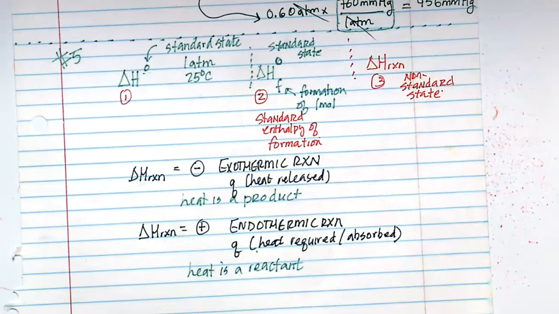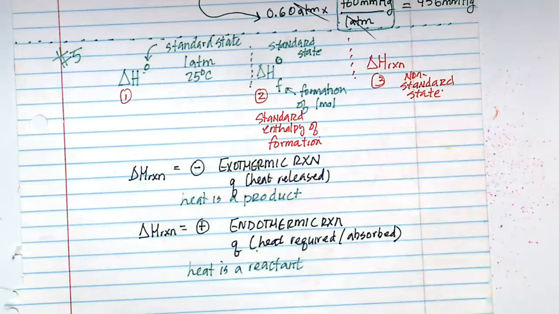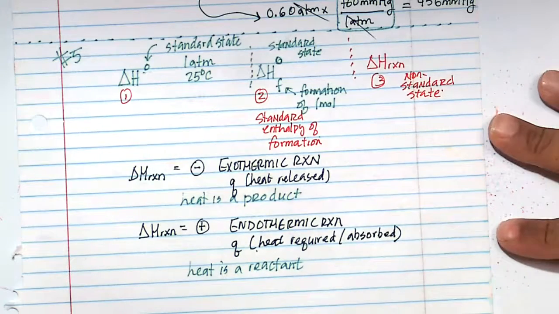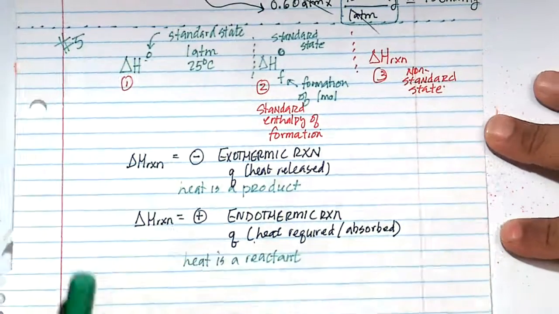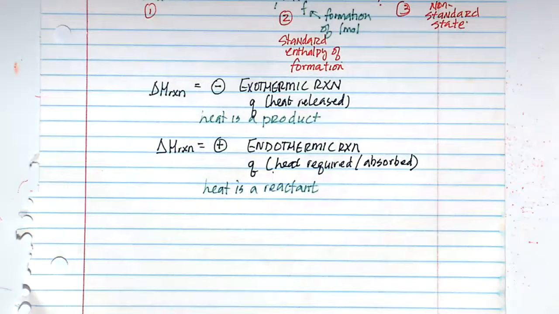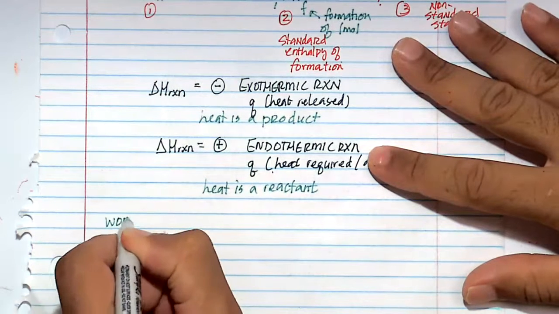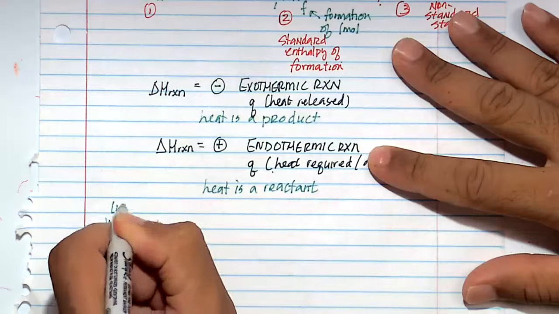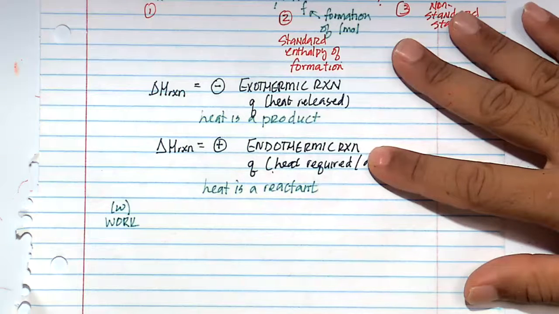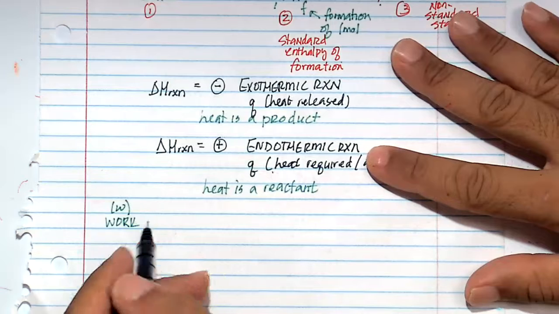So we have heat, which is energy that gets dissipated, and then we have work. Work is useful energy, like mechanical energy, gravitational energy, whatever energy that's not heat, that can do work. Here work is lowercase w. Remember how we did this?